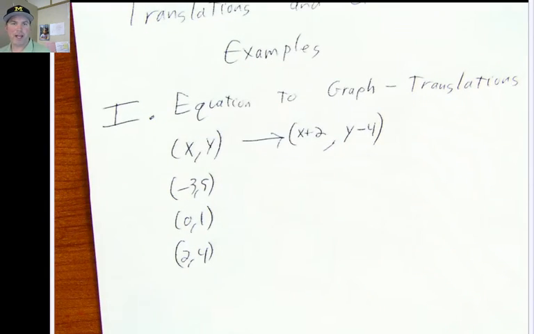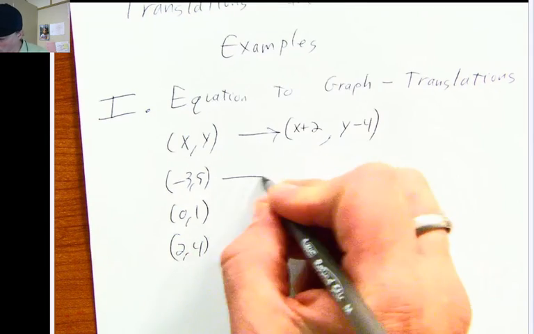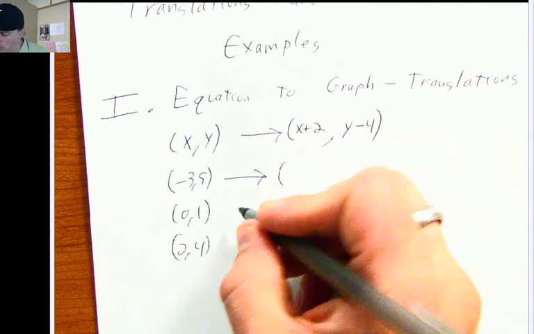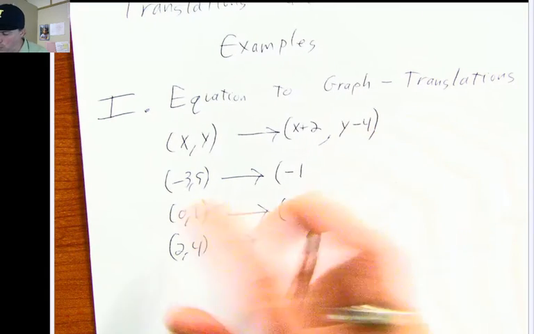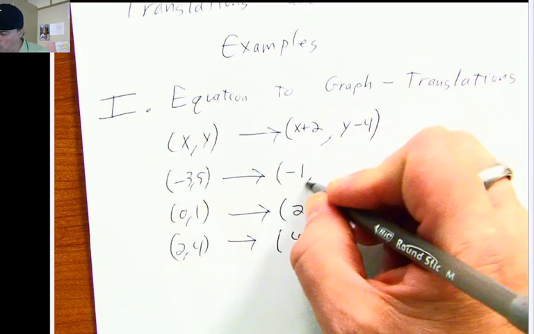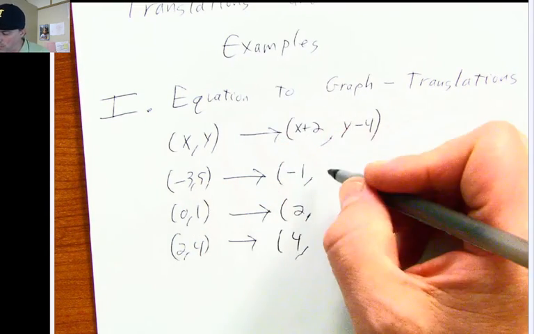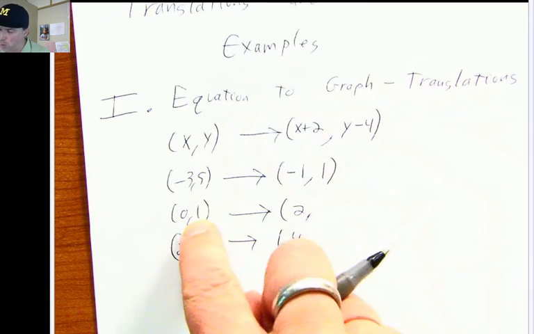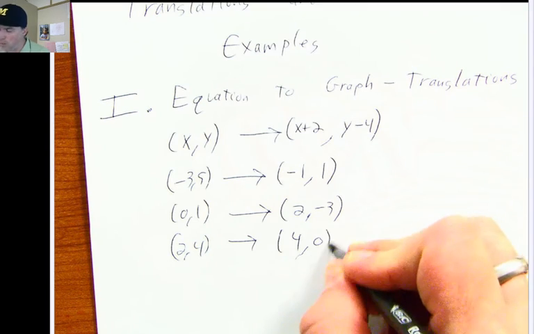If I apply this transformation onto these 3 coordinates, adding 2 to the x coordinates, -3 would become -1, 0 would become 2, 2 would become 4. You're going to subtract 4 from all the y coordinates, so 5 minus 4 is 1, 1 minus 4 is -3, and 4 minus 4 is 0.